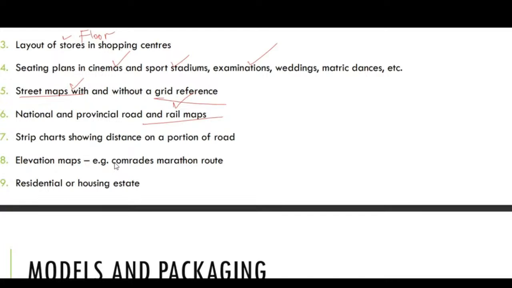Terms that you have to remember in measurements: we have grid reference. Grid reference, you should remember that. Then we have what we call the general direction. General direction, I'm talking of the map now.